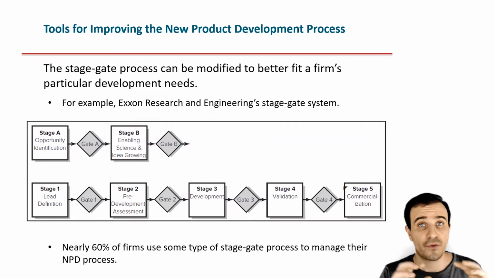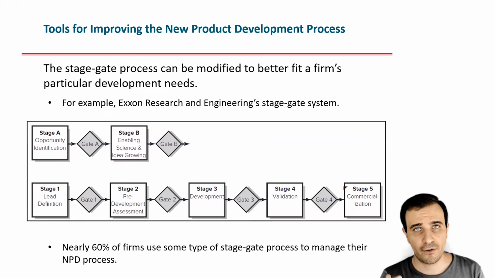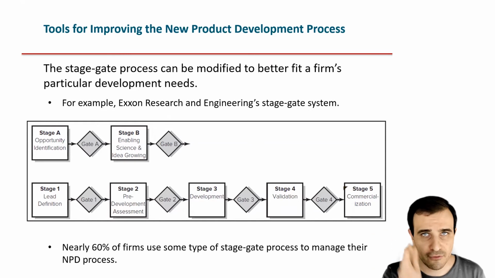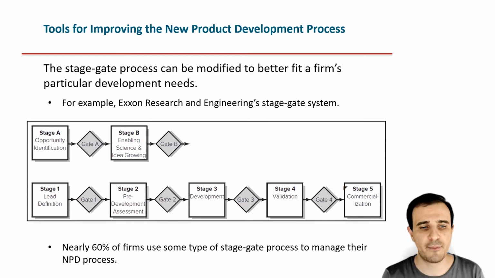I showed you and presented the stage gate new product development process. However, each firm can create its own tool for new product development. So you don't have to just follow the standard, but you can customize the best tool that really meets the requirements of your organization. An example here is the one from Exxon.